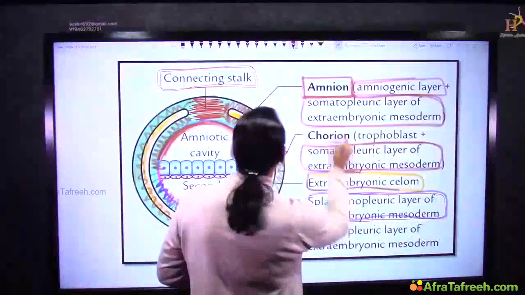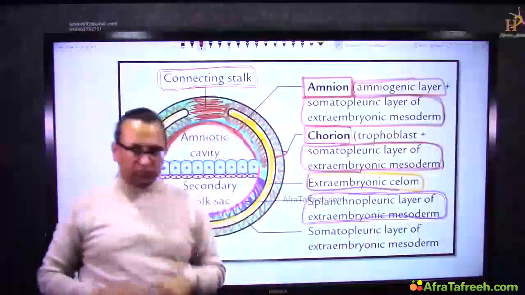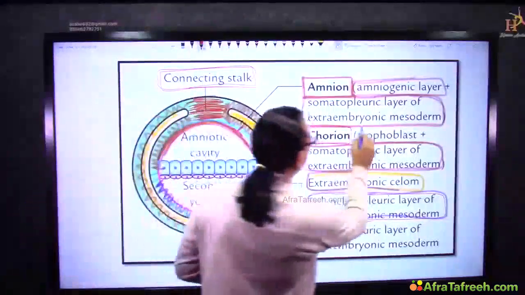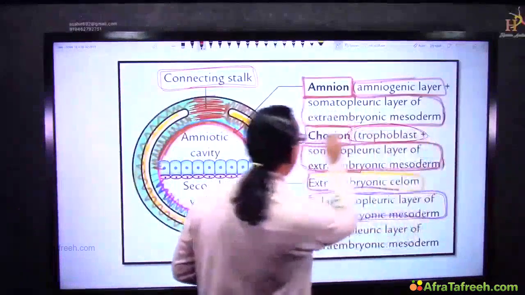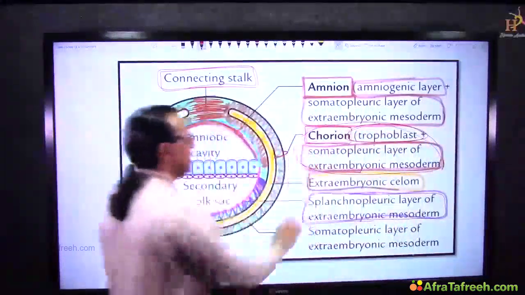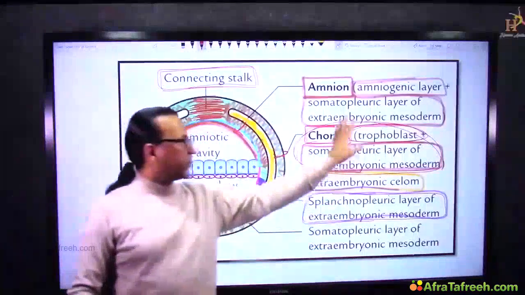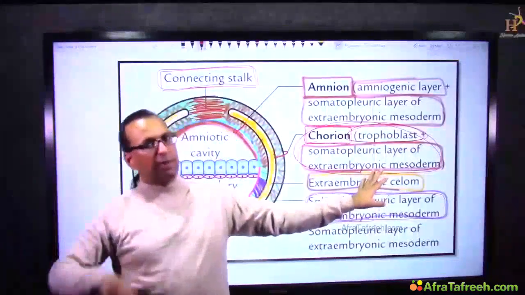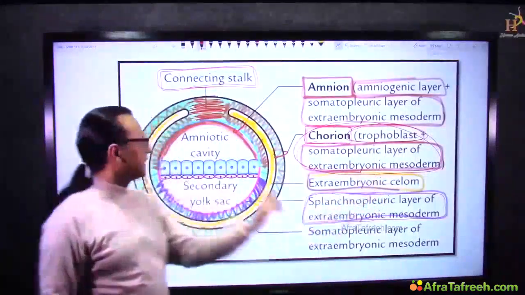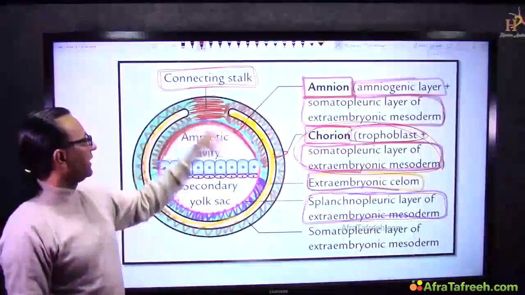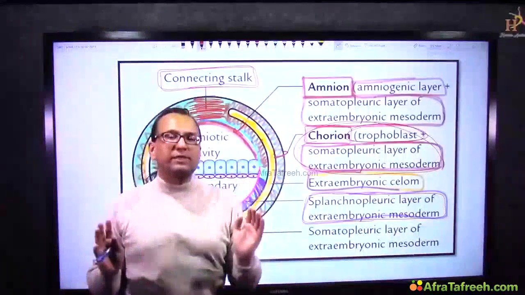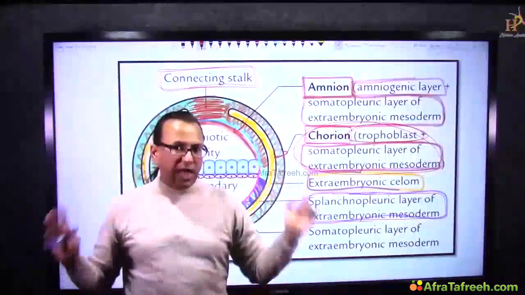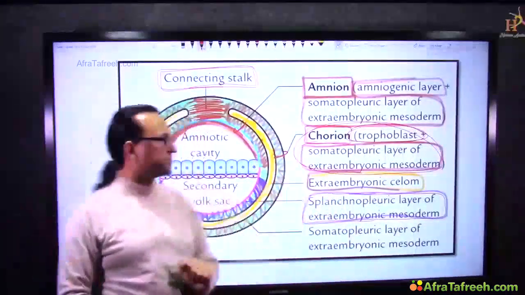So this is chorion, and chorion is outer trophoblast, and along with that, it is somatopleuric extra embryonic mesoderm. So you're trying to say extra embryonic mesoderm is with the chorion and amnion also. Yes, maybe it is amnion or maybe it is chorion, it is both having somatopleuric extra embryonic mesoderm.